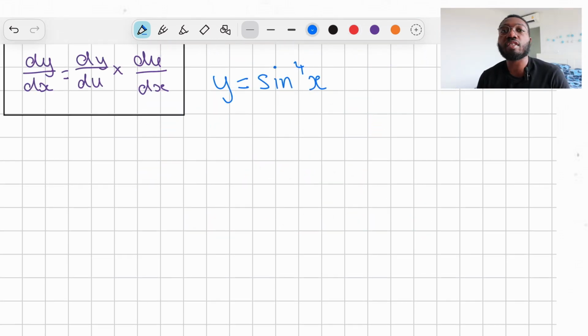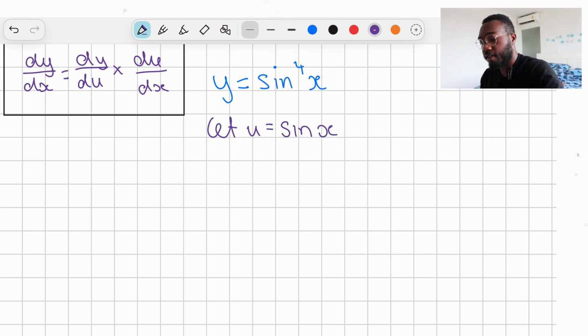So for our next question, we have sine to the power of 4 of x, okay? So how do we solve this question? Well, again, we can use substitution. So what we can do is let u equal sine x, and then we can differentiate that.